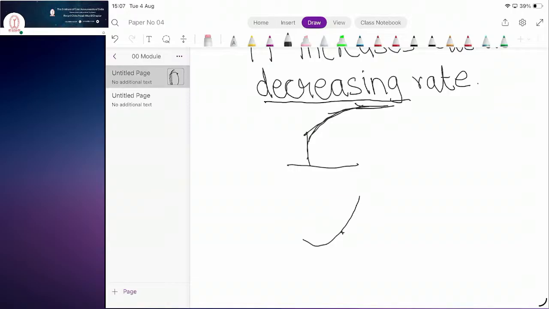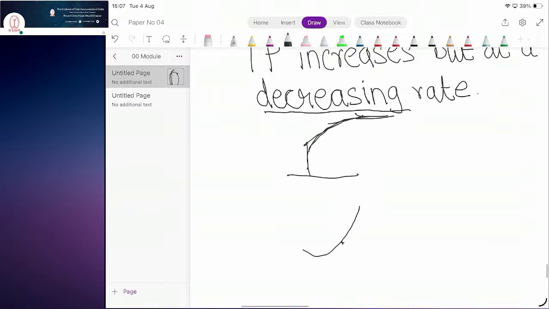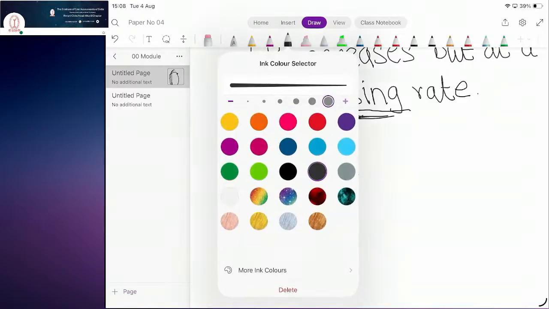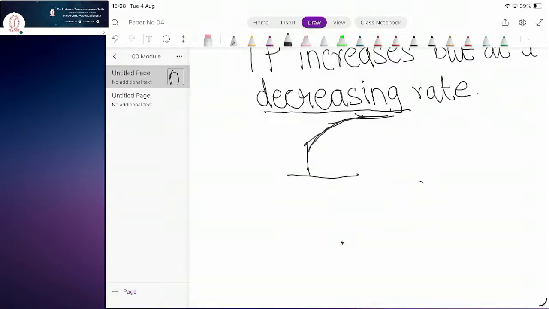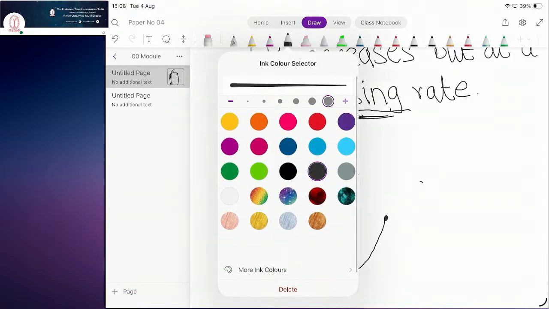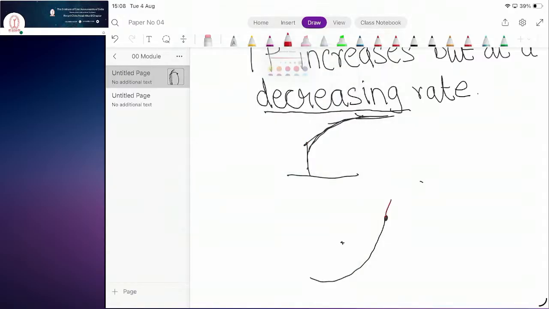It was going like this, total product curve, and then at this point it changes its curvature and it becomes something like this, kind of an S curve. Is your graph showing this curve? Done? Everybody has got it?